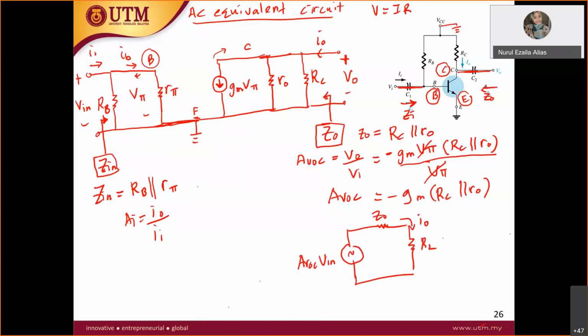For this loop, which has been simplified by using this, if you want to get your I out, it is equal to AVOC V in over, let's write one by one first.